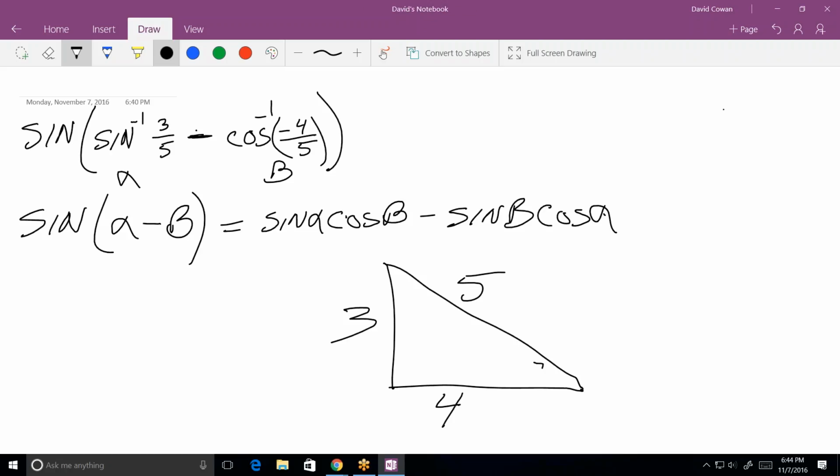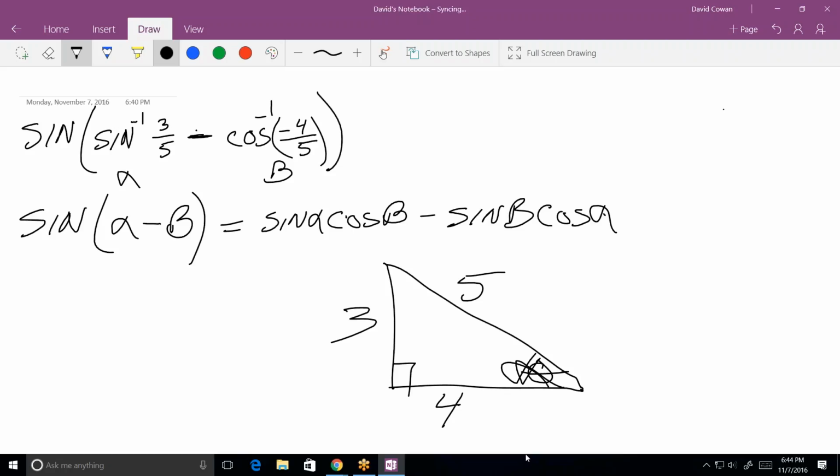And the angle is alpha and beta. The inverse sine of 3/5 is this angle, alpha, and the inverse cosine of minus 4/5 is the same angle.